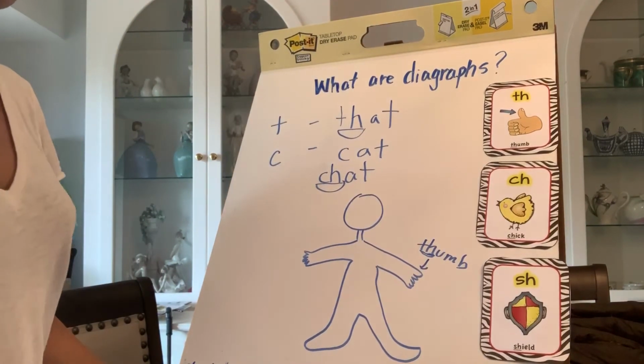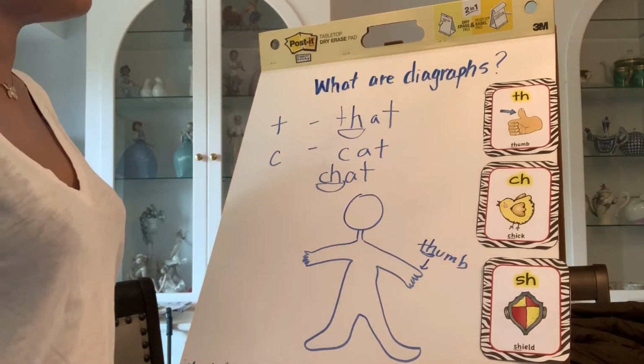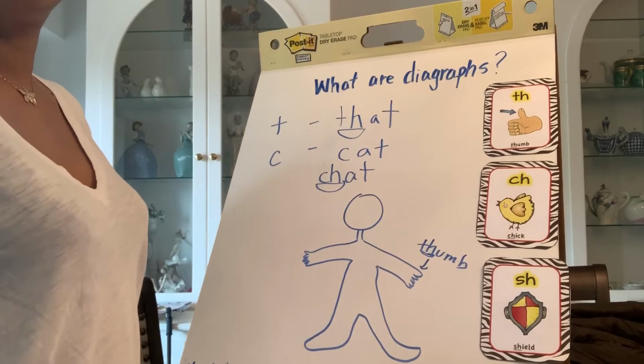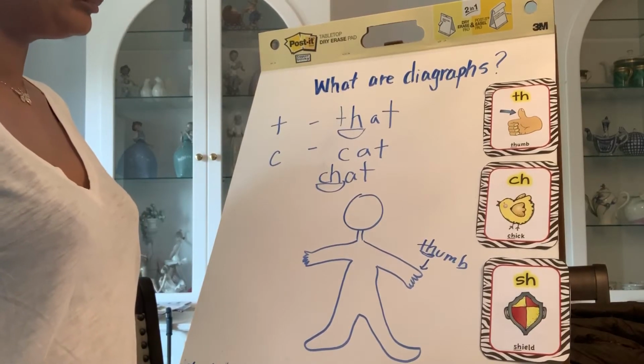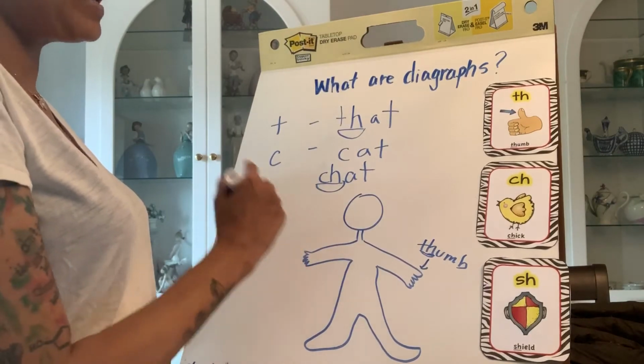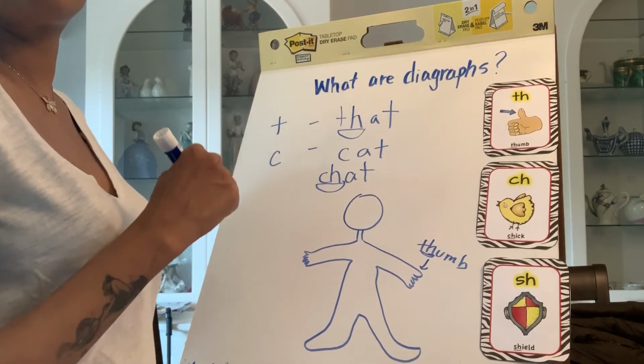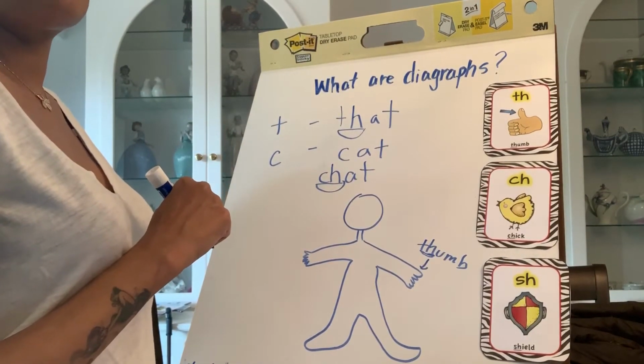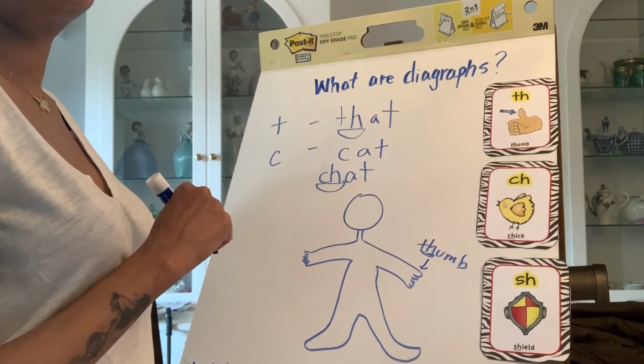Can you think of any other body parts that have a digraph in it? Well, if we use CH as a clue, and we think about our face, is there anything on our face that may have a sound that starts with a ch, ch?